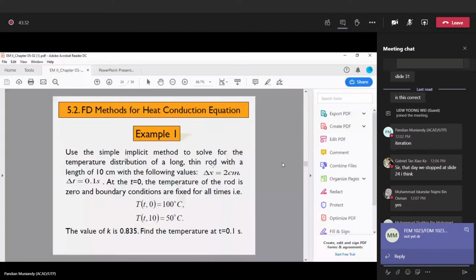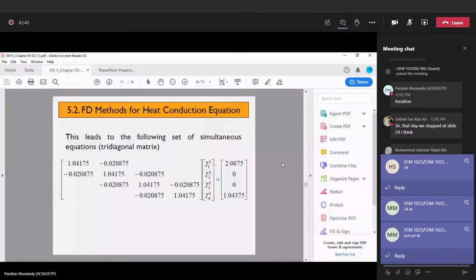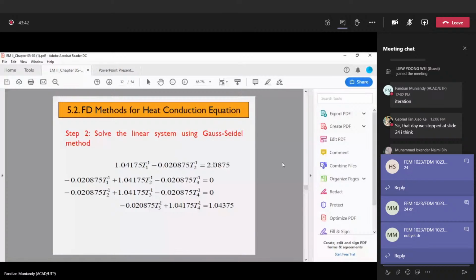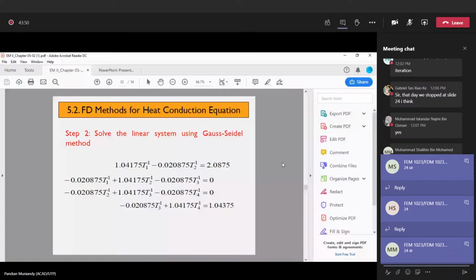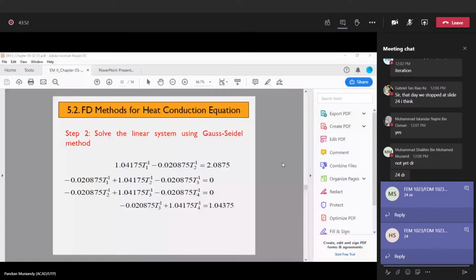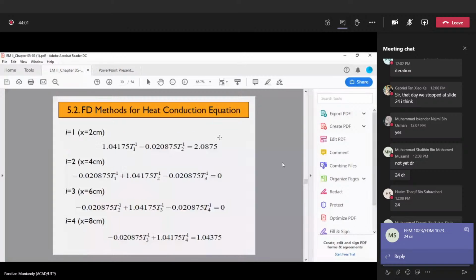Are you aware of 24 or 31? 24. Who is that? Gabriel. So we stopped at slide 24 that day. Okay, so that means slide 24. Okay, we go back.